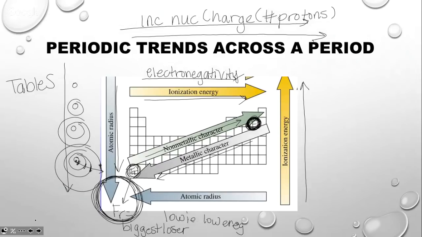We call that the shielding effect. So across a period, increasing nuclear charge, more protons pull in the valence electrons tighter. Down a group, increasing number of shells shield the valence electrons from the pull of the nucleus.